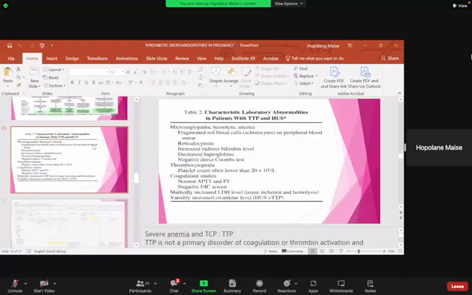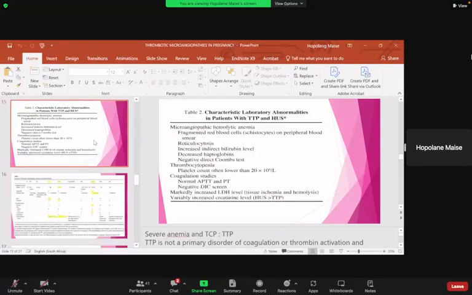So with regards to time, we're just going to pass that. So characteristic laboratory abnormalities in patients with TTP and HUS: you have your microangiopathic hemolytic anemia, where you'll see fragmented red blood cells or schistocytes on the peripheral smear, reticulocytosis, increased indirect bilirubin levels, decreased haptoglobins, and negative direct Coombs testing.